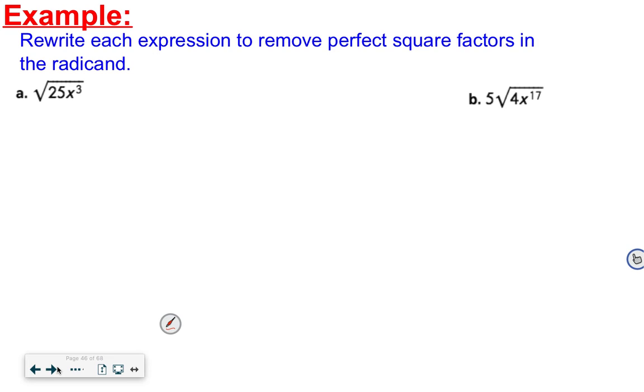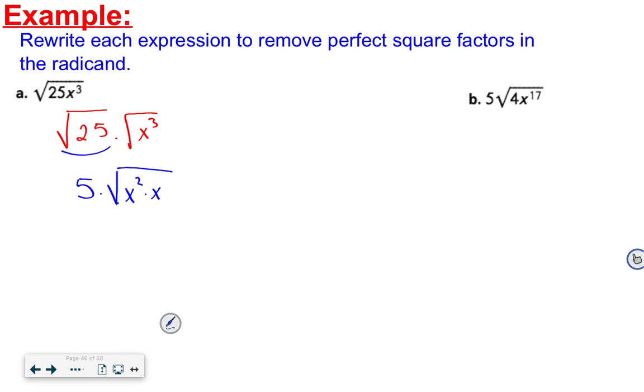Rewrite each expression to remove perfect square factors in the radical. Look at this. Can I write the 25x cubed as radical 25 times radical x cubed? What is the radical 25? It is 5. What is the radical x cubed? Can I write the radical x cubed as x squared times x?